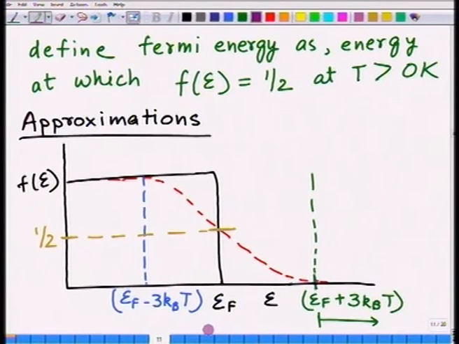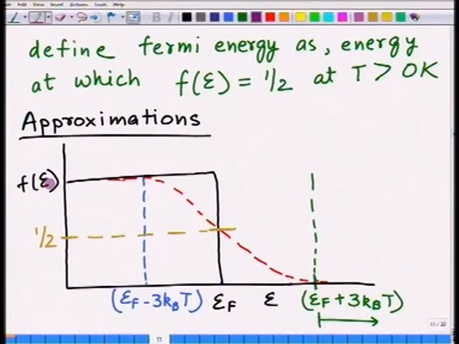Or if you don't like 3 to be too coarse an approximation, and you want it to be 5, then if you think e to the power 5 is much greater than 1, then you can take this number as 5. The choice is yours. For most cases, 3 kBT is sufficient. But once you understand to what accuracy you want to calculate things, you can make your choices.